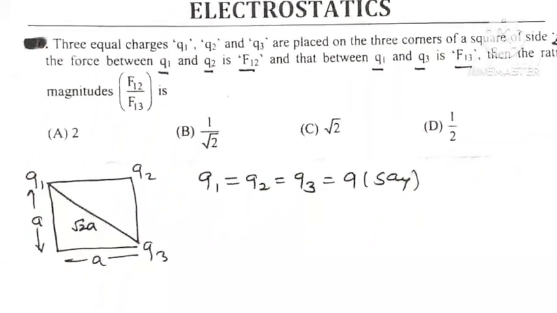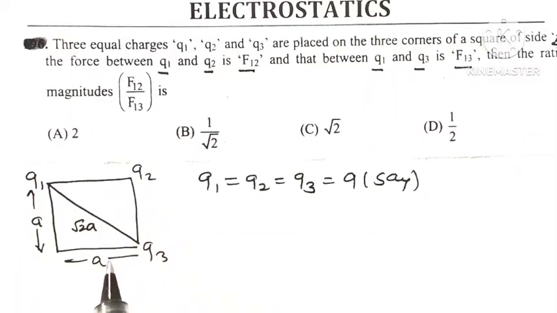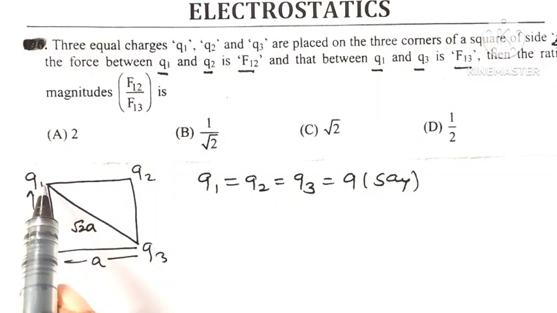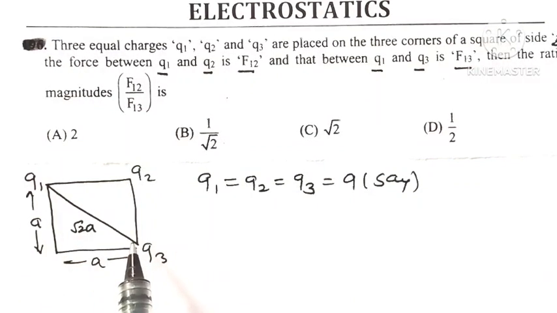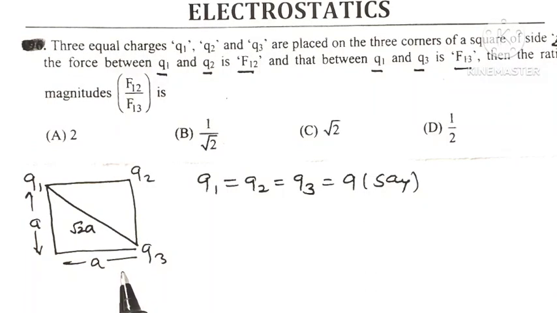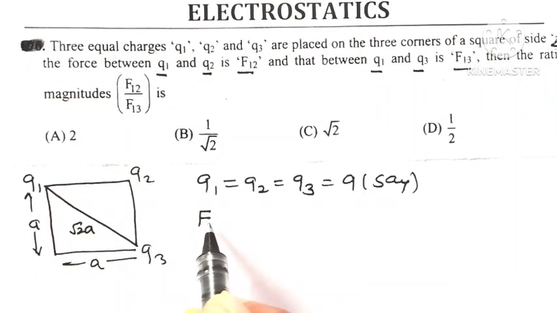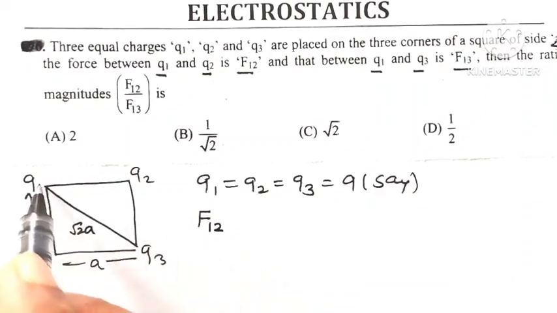So see here we are having a square of side A and let the charges Q1, Q2, Q3 be placed at three corners of that square. Now F12 is the force acting between charge Q1 and Q2.